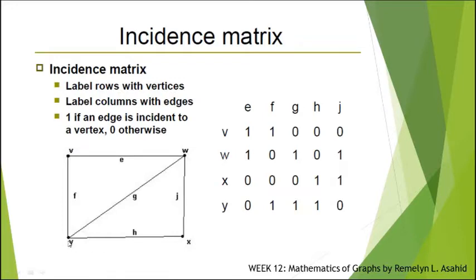Next, for vertex Y, E is not incident, but F is incident, G is incident, H is incident, while J is not incident, so it became 0. So that's the way we make an incidence matrix. 1 if an edge is incident to a vertex, 0 otherwise.